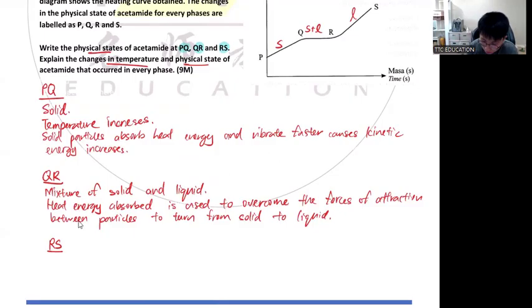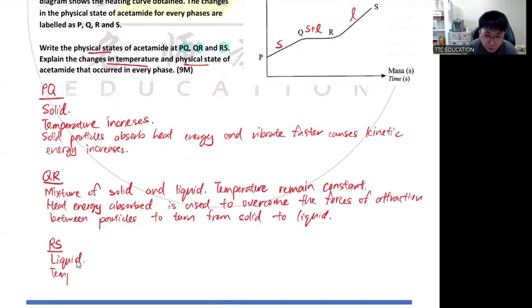So the RS will be liquid. The keywords are exactly the same as your PQ, but not solid particles anymore. Now it's liquid particles. So we say liquid. Temperature increases. Oh, for the second one, I forgot to say temperature. The temperature doesn't increase or decrease, it remains constant.